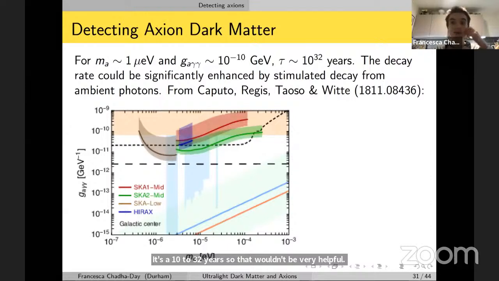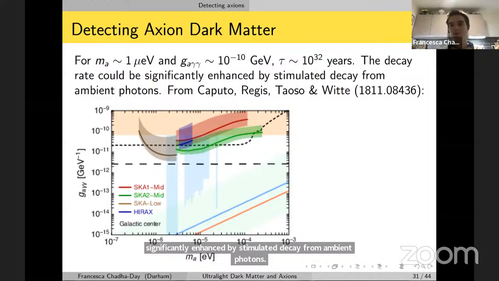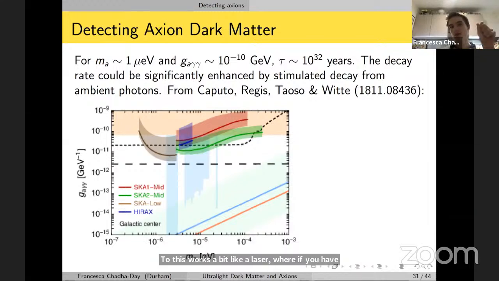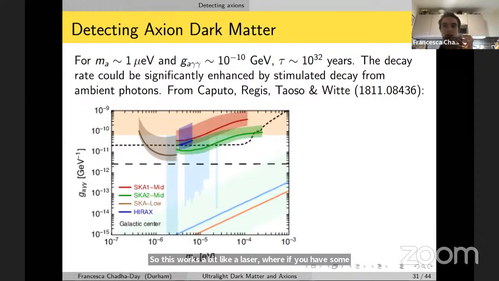However, the decay rate of axion dark matter could be significantly enhanced by stimulated decay from ambient photons. So this works a bit like a laser, where if you had some photon whose energy was half the axion mass, it could interact with an axion and cause a stimulated decay of that axion into 2 more photons.